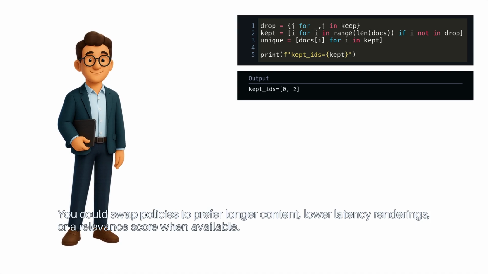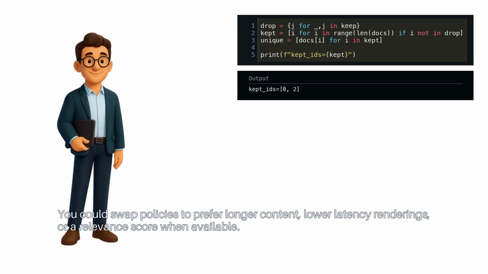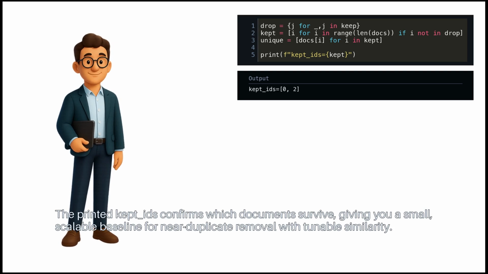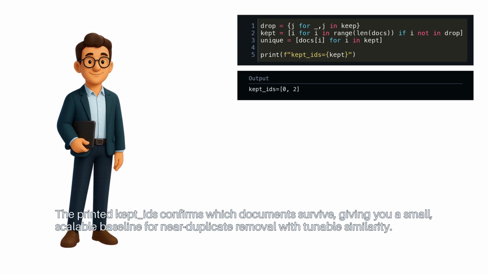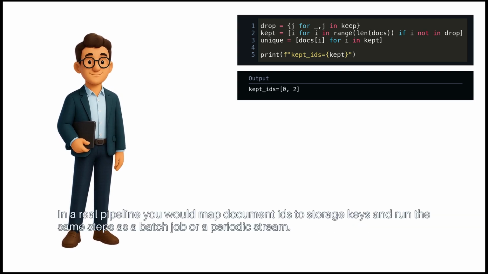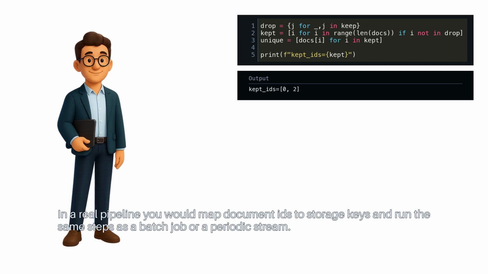You could swap policies to prefer longer content, lower latency renderings, or a relevance score when available. The printed kept IDs confirms which documents survive, giving you a small, scalable baseline for near duplicate removal with tunable similarity. In a real pipeline, you would map document IDs to storage keys and run the same steps as a batch job or a periodic stream.